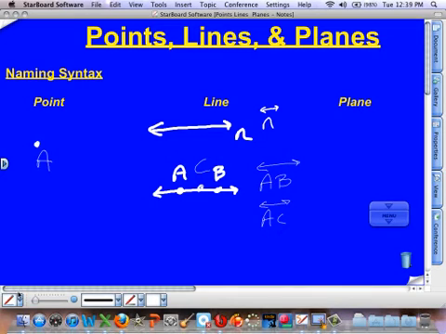All right, planes on the other hand are a little weird. We typically represent them using parallelograms. And then they have these really weird labeling methods. It's not a method, the font is really weird. It's like a really crazy type of cursive.